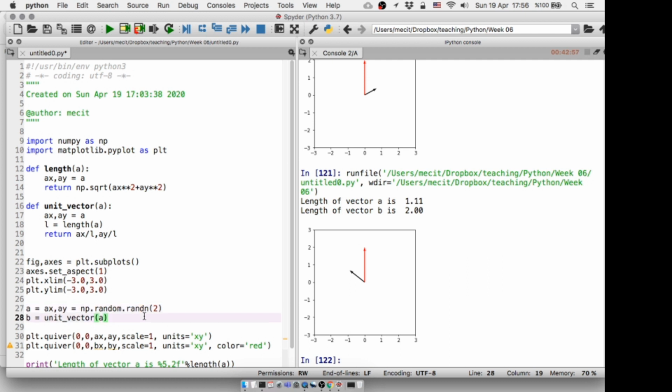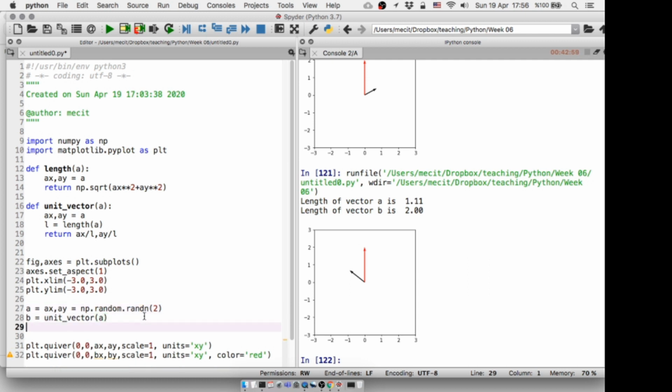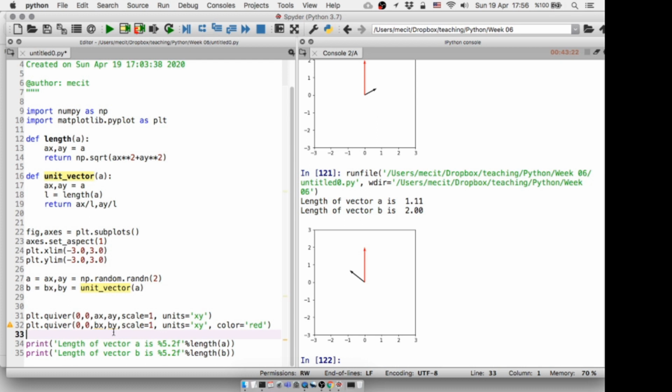I am making vector B a unit vector along A. So B is a unit vector along A. So let's see that. I should have my Bx and By here because I need this to plot the next plot.